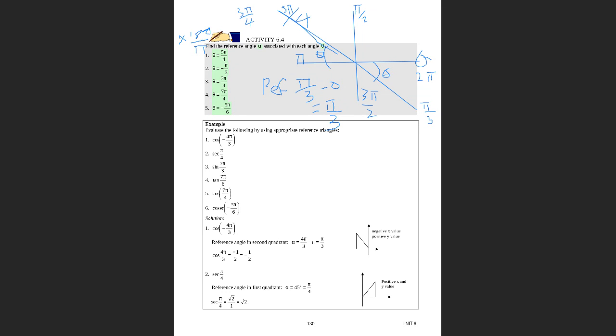So your ref angle is going to be pi minus 3 pi over 4, which will give us pi over 4.